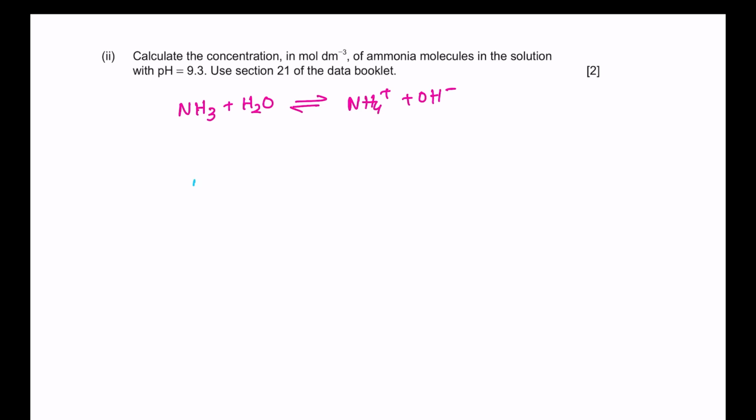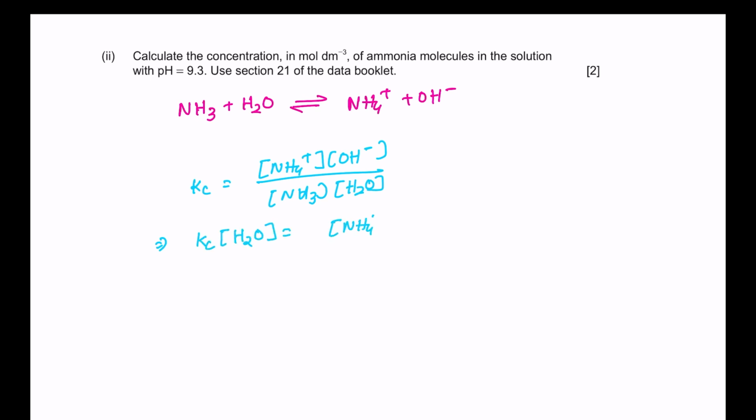The Kc equation, or the equilibrium constant, will be NH4+ times OH- divided by NH3 times H2O. If I multiply H2O on both sides, I'll get Kc times H2O equal to NH4+ times OH- divided by NH3. Kc times H2O is called Kb, or the base constant.